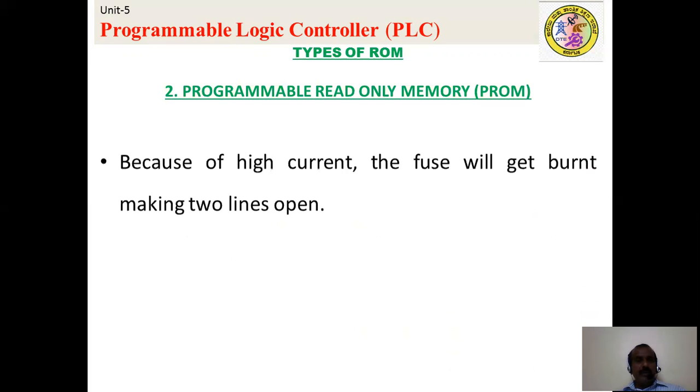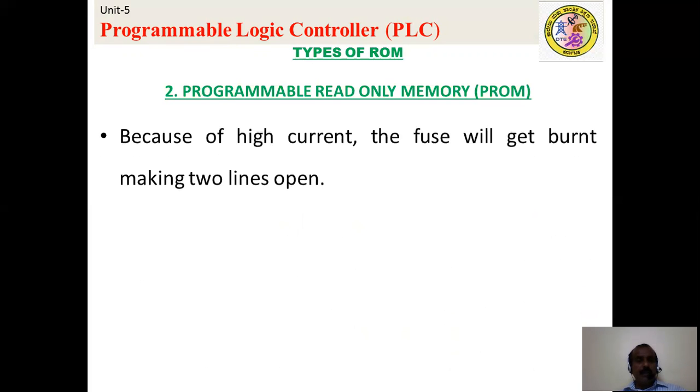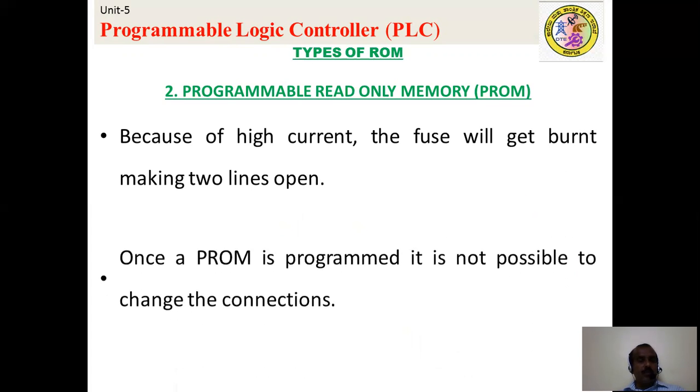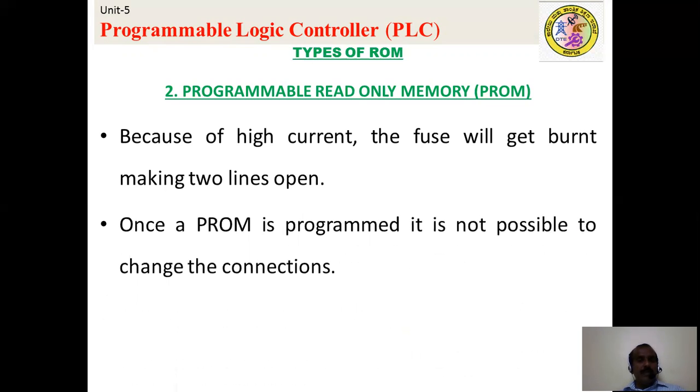Continuing the programmable read-only memory or PROM, because of high current flow, the fuse will get burned, making the two lines open. Once a PROM is programmed, it is not possible to change the connections.